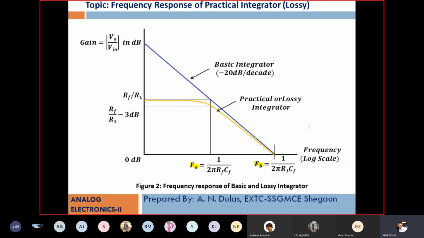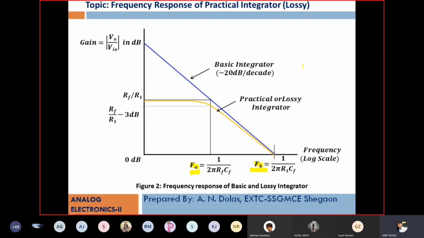But in the design numericals in Analog Electronics 2, nobody is going to ask you the frequency response of a basic integrator or lossy integrator. To understand, we are covering this. Later on, to design an integrator, you have to focus on FA and FB only.